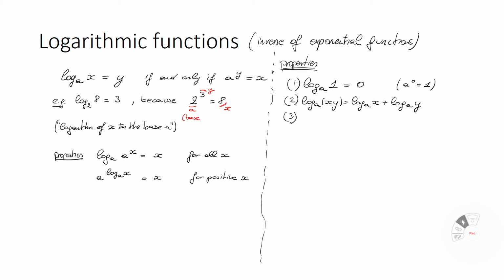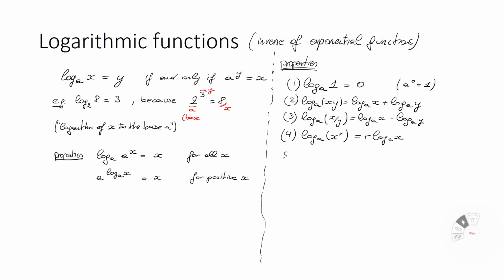The third property is the log of a quotient is the difference of the logarithms. The logarithm of x raised to a power is r times the logarithm of x.